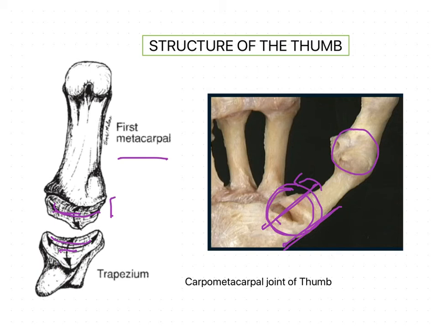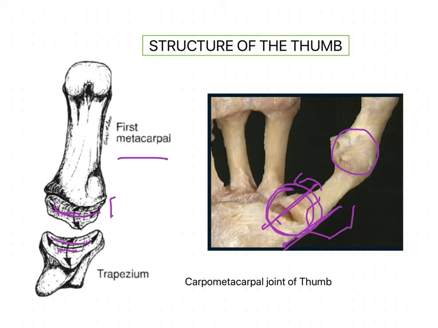So how does opposition take place? One is abduction, flexion and then adduction, and then some rotation. All these movements cause the opposition movement.